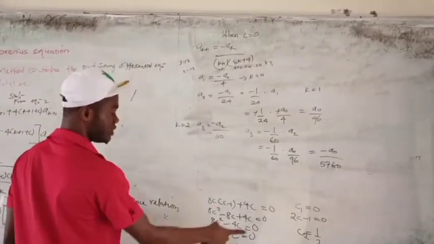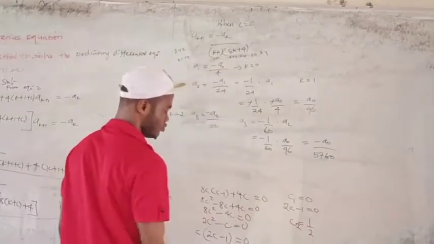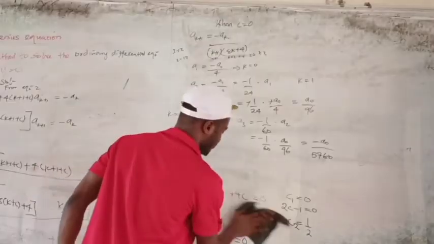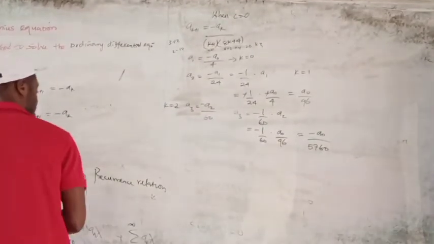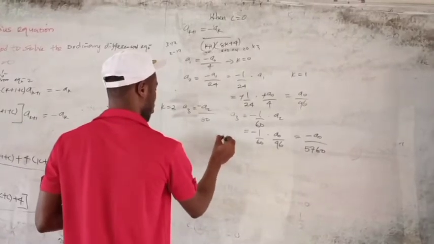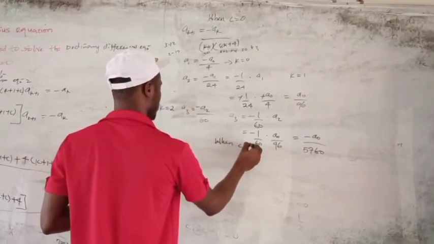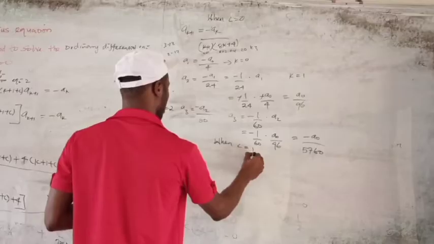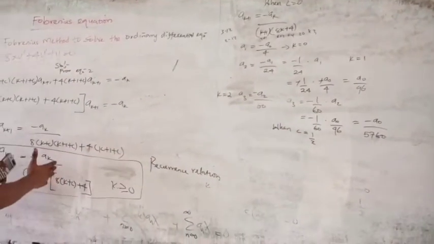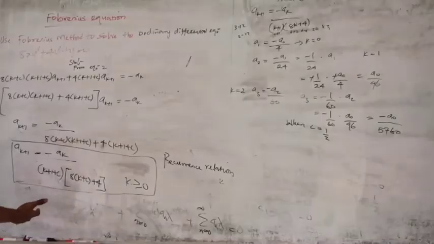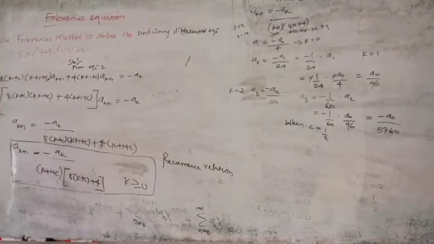So let's do for when c is equal to 1 over 2. When c is equal to 1 over 2, I will go back to my recurrence equation. So I have to create a different recurrence equation for when c is equal to 1 over 2.